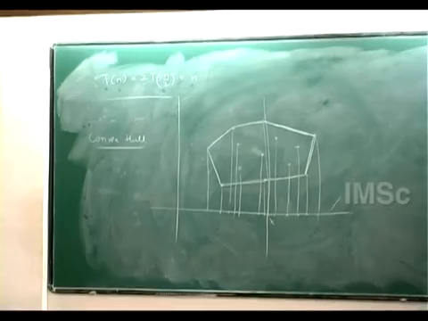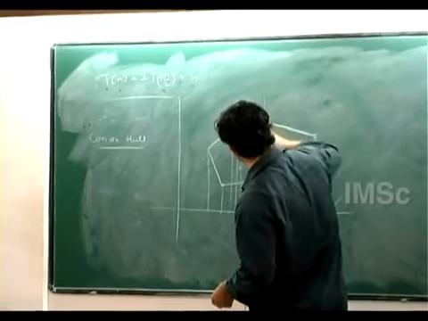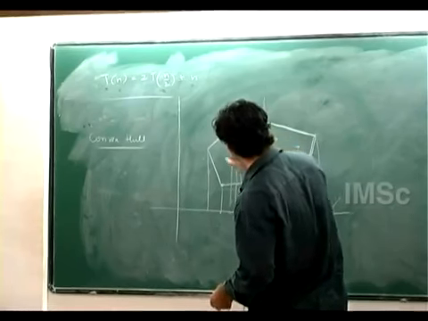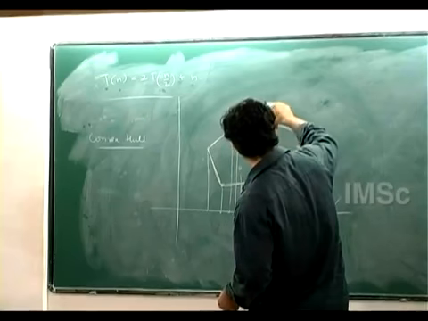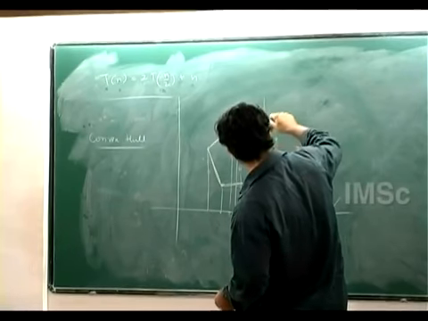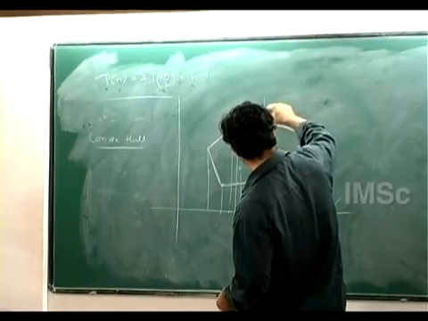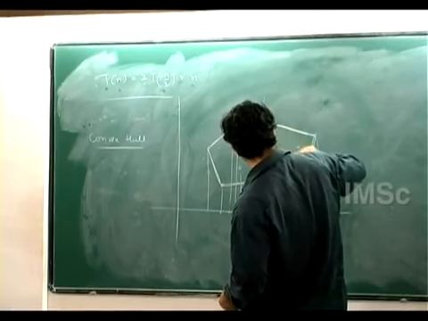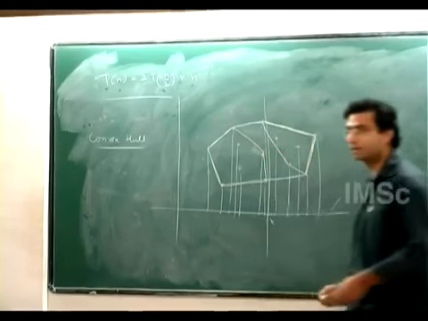So when we recurse, what we compute is the convex cell of this part and the convex cell of that part.